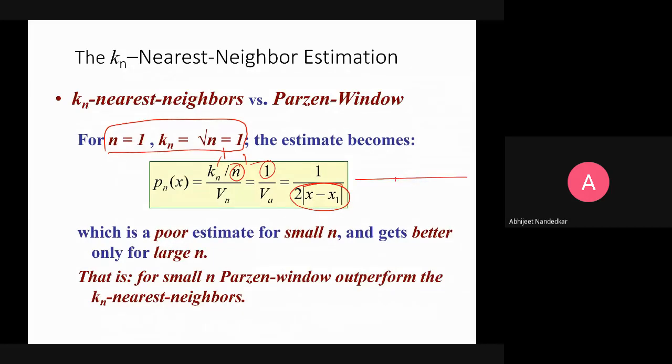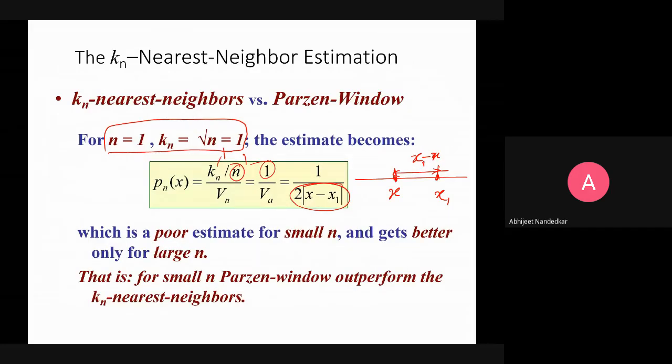Suppose this is your given point x, and this was your training sample. So the distance between these two I can say is x1 minus x.